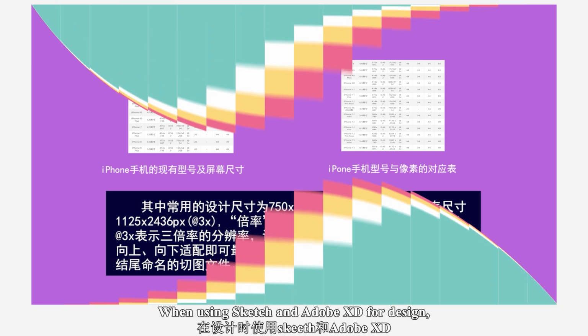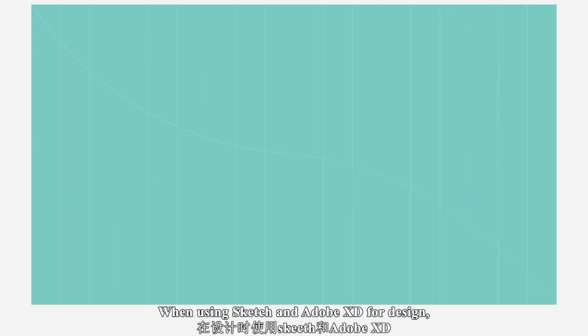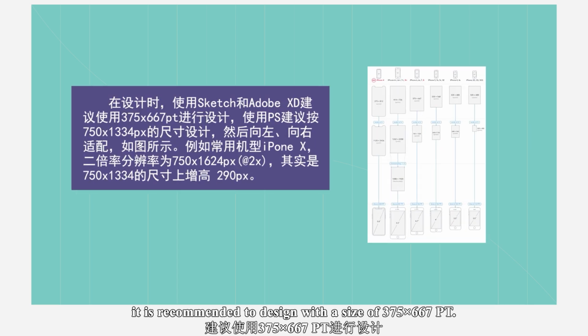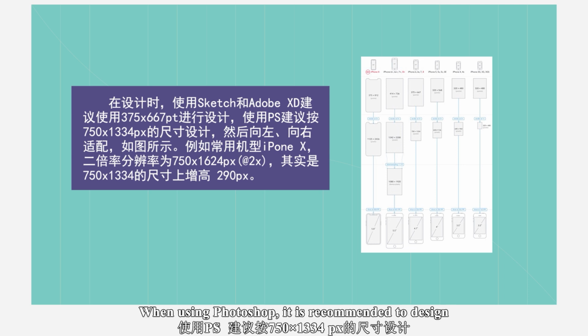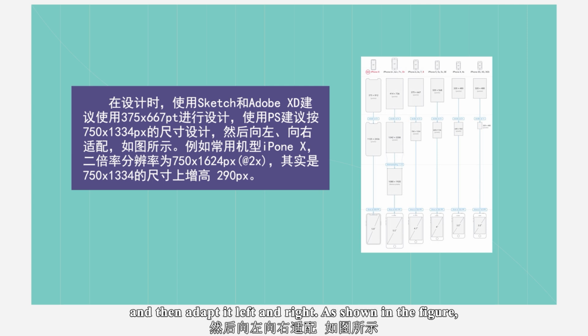When using Sketch and Adobe XD to design, it is recommended to design with a size of 375 multiplied by 667 pt. When using Photoshop, it is recommended to design according to the size of 750 multiplied by 1334 px, and then adapt it left and right, as shown in the figure.